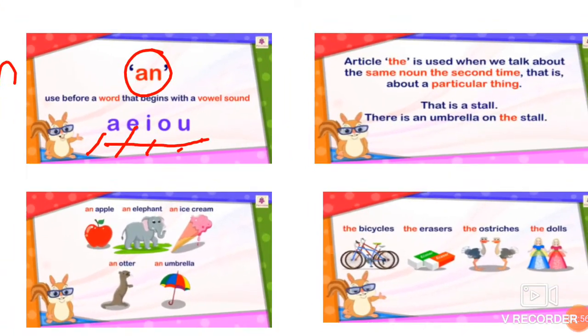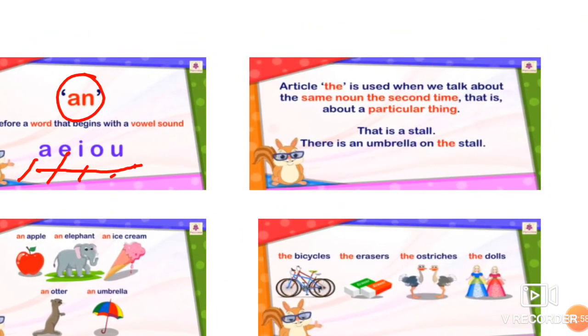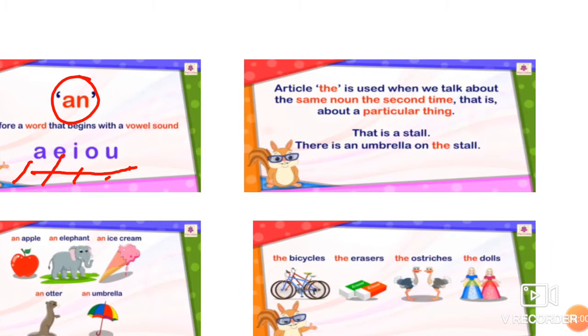And we'll talk about the. The is used when we talk about the same noun the second time. For example, a boy or a boat.